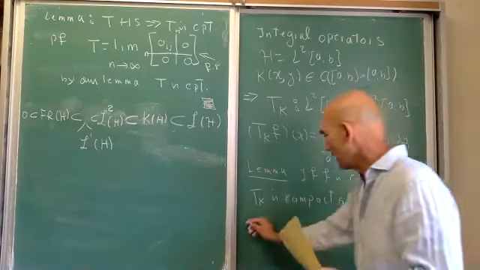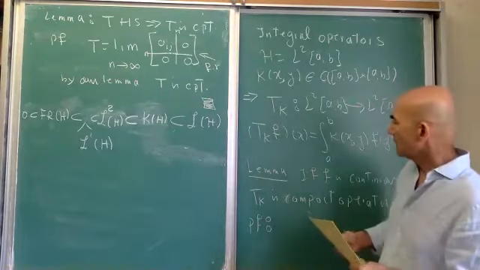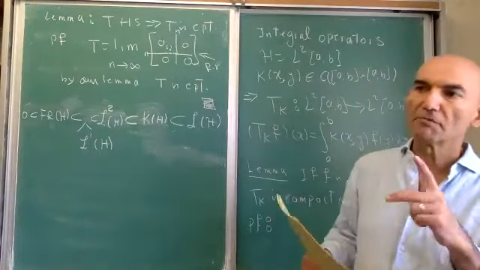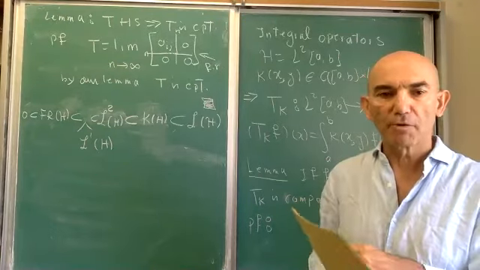I said Hilbert-Schmidt, but let me say compact for now. Now, proof of this. We can uniformly approximate K, a continuous function of two variables, by simple types of functions.